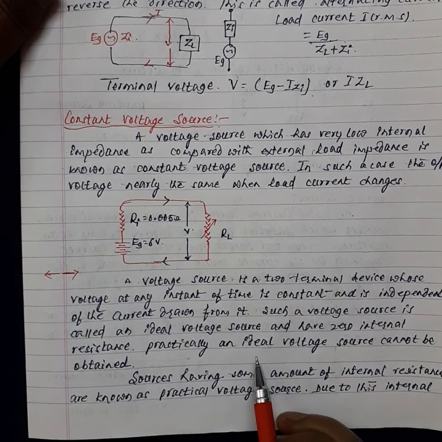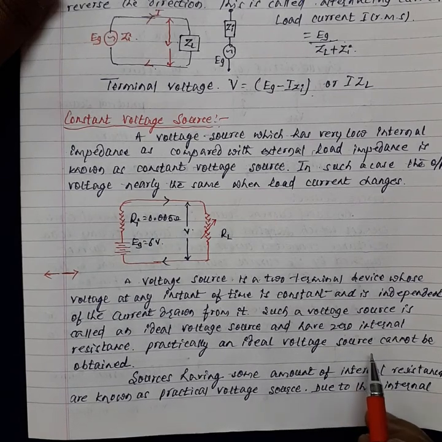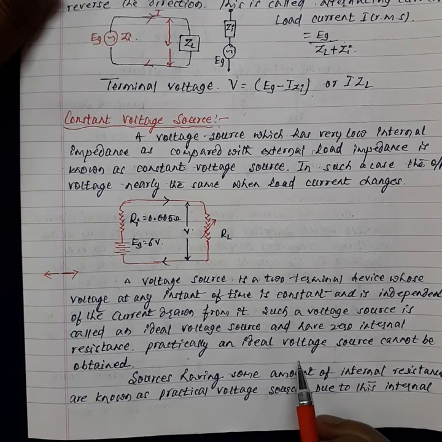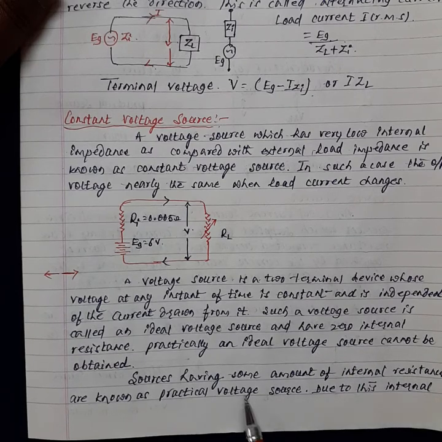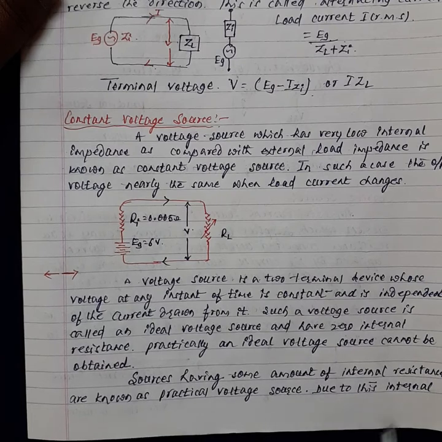Practically, it is not possible to get an ideal voltage source, because even though it is a voltage source, we are connecting a very low internal resistance. So sources having some amount of internal resistance are called practical voltage sources. We are using that one for practical or experiment purposes.